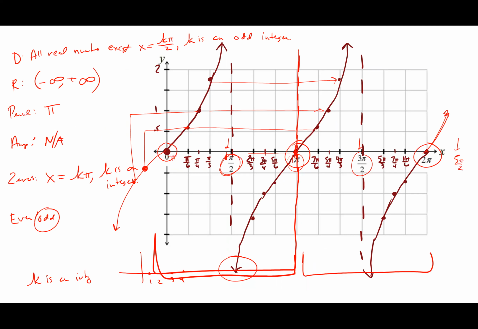Since tangent has these little asymptotes, A-S-Y-M-P-T-O-T-E-S, asymptotes. Glad I'm not an English teacher here. Okay, there it is, asymptotes.